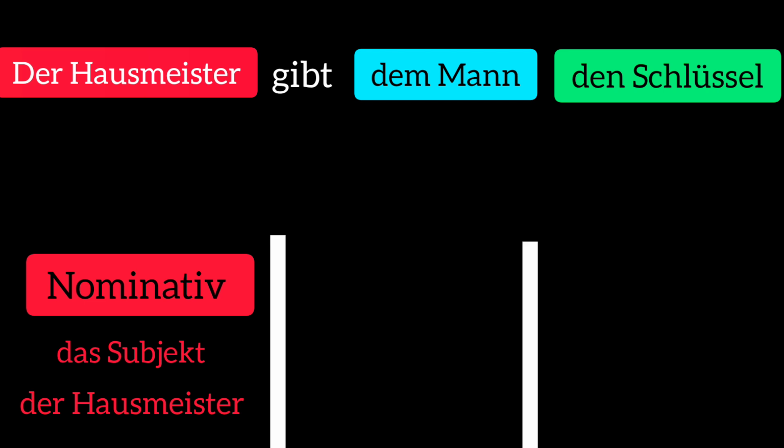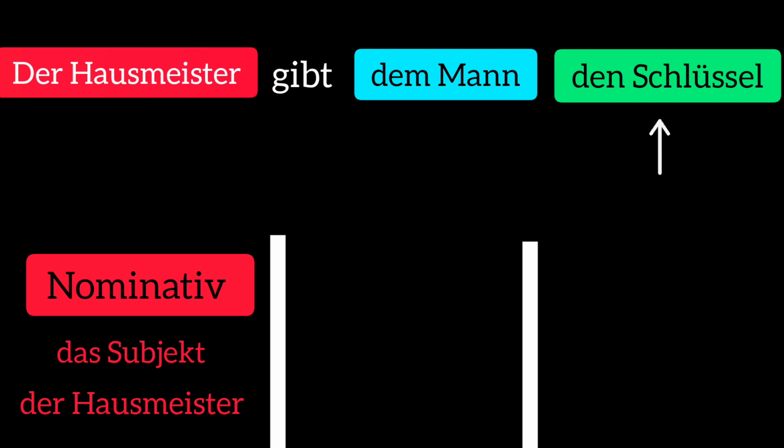Now, coming to the objects of the sentence, we have two objects here. Objects, as I have already mentioned, are the nouns which are the recipient of the action of the subject of the sentence, right? So we have two objects here, the man and the key. Now, what is being directly affected by the activity of the Hausmeister?